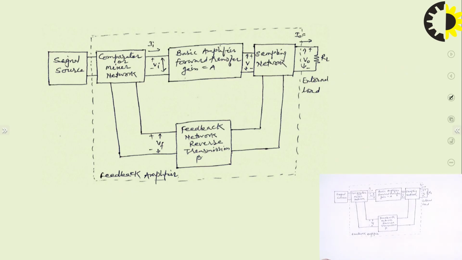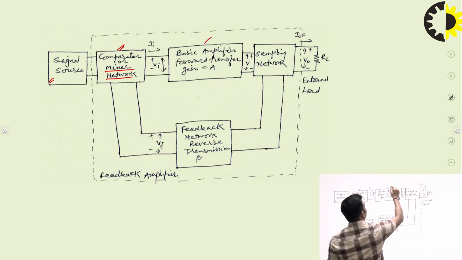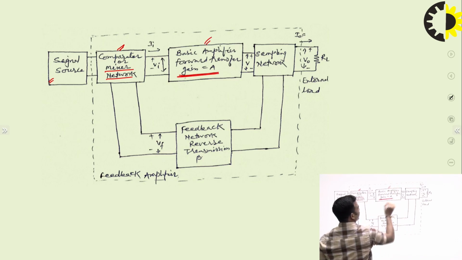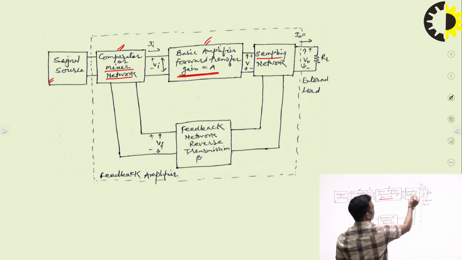If I talk about negative feedback amplifiers, then it can be understood by this block diagram. There should be one signal source. Then there will be a comparator or mixer network, generally known by the name mixer network. And this is the basic amplifier, which has the forward gain of A, and this is the sampling network.